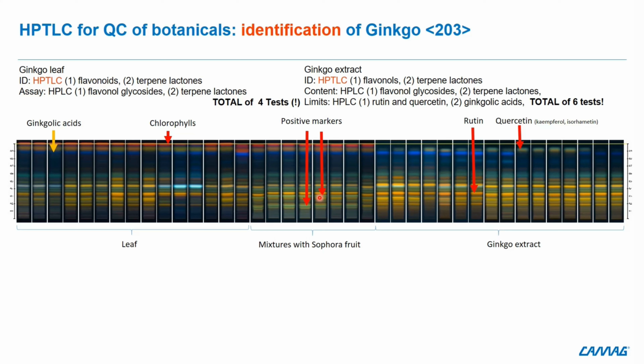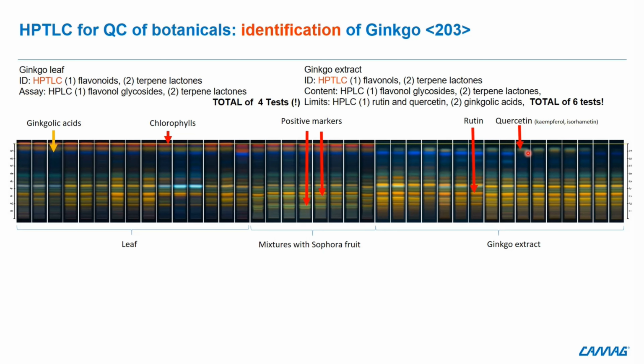Let's have a look at the Ginkgo extracts. The fingerprint method is the same. And the fingerprints look similar, just with differences in the intensity of zones. We can still see that the origin was Ginkgo and that this is not just a synthetic mixture of flavonoids. Now we can check in this fingerprint, in addition to the identity, the content of rutin and quercetin.